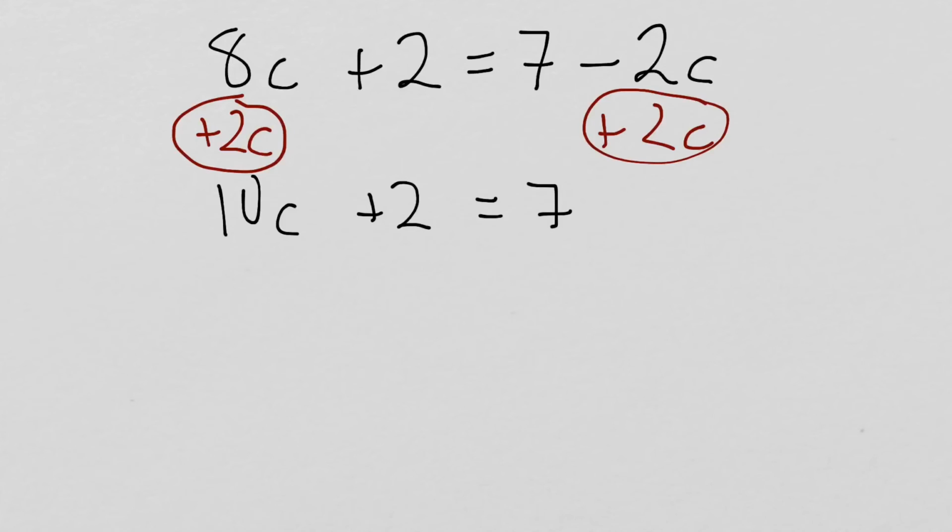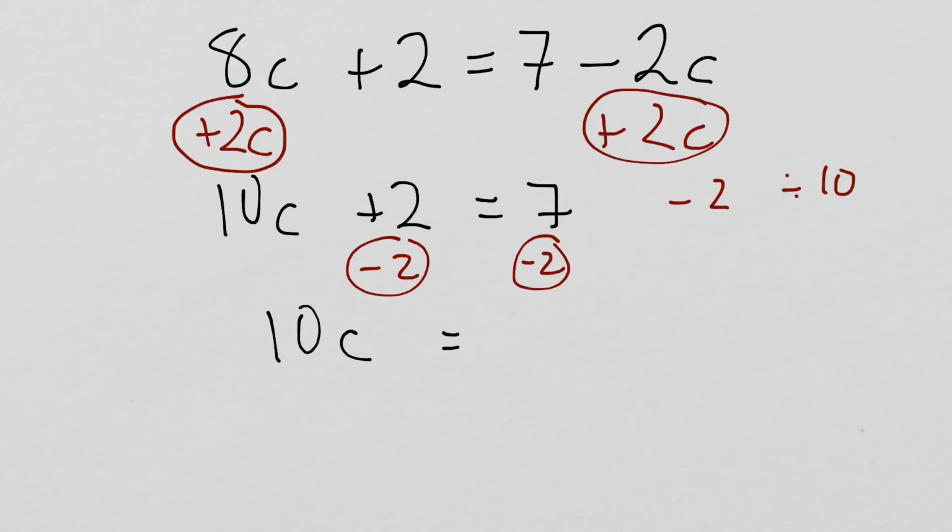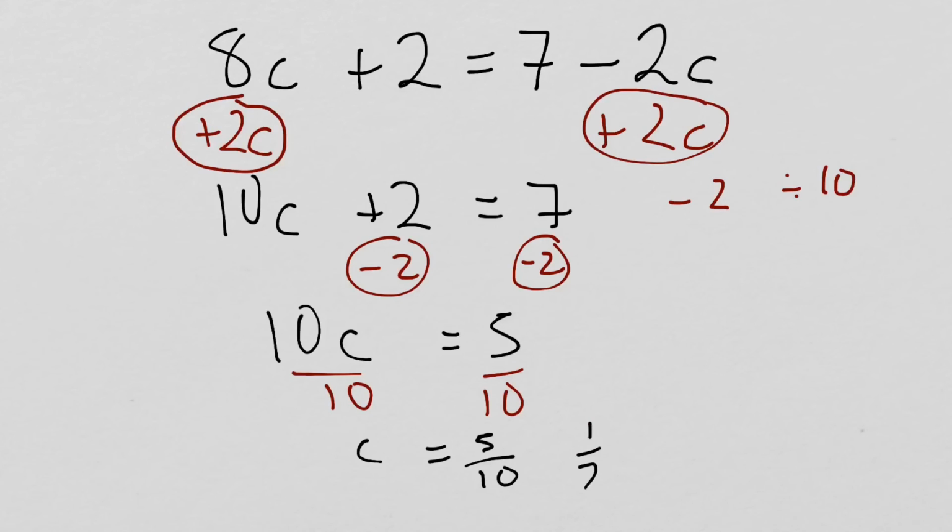So now we can write down the steps, so let's take away 2, and then divide by 10. So we've got take away 2, take away 2, so 10c equals 5, divide by 10, divide by 10, so c equals 5 over 10, which again, that simplifies to a half, or write it as a decimal, which is 0.5.